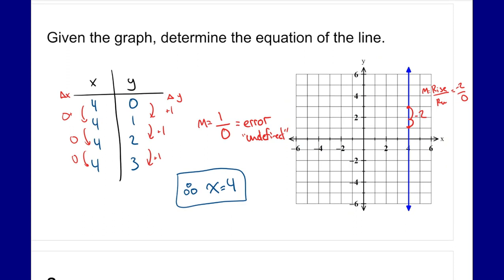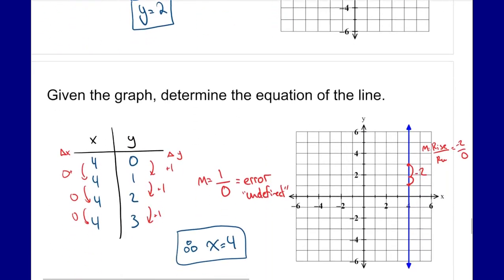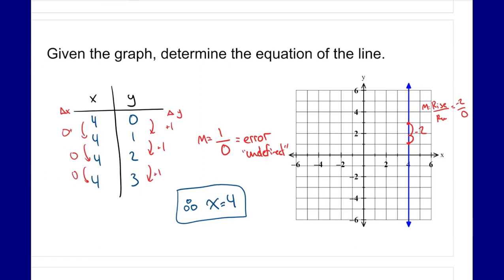Because we think y as the vertical and x as the horizontal. So you have to really think about, well, if x equals 4, what does that mean? Does that mean that the x values are changing as we see in a horizontal line? Or does it mean that the x values are staying the same and the y values are changing? So we want to be careful about that, and it's something that you have to memorize or really reason through.